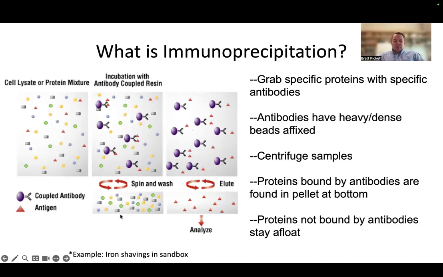And all the other proteins kind of get discarded. At that point, we're just left with the bead, the antibody, and the one kind of protein we're interested in, all at the bottom of the tube. We detach the protein from the antibody, and then we've purified the protein we were looking for.